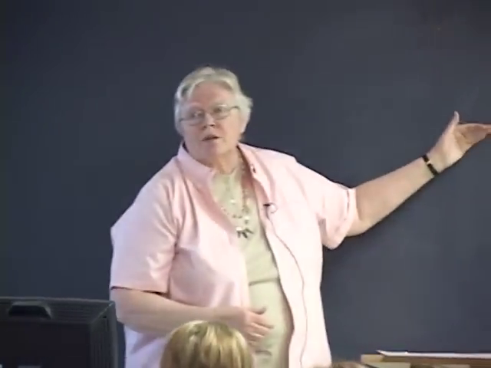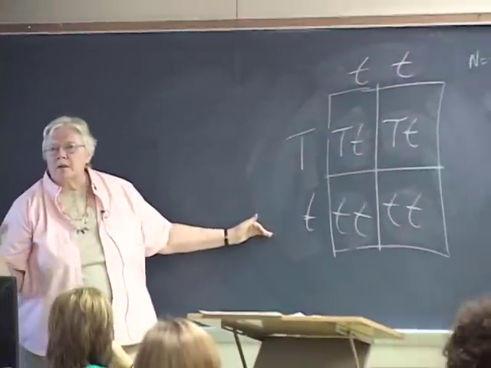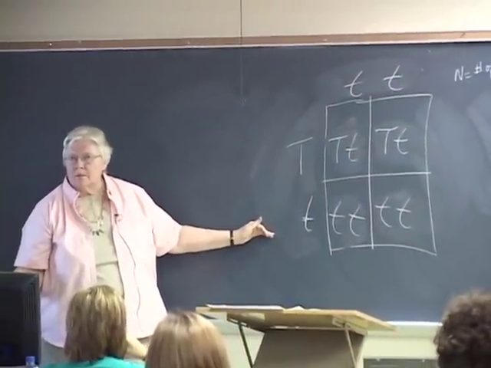You can't just take one person. Because if you just took my family, you'd say, oh, well, the odds must be 2 to 1, or 1 out of 3 will not be able to roll their tongue, where it's really 50-50. Is that making sense to you? Okay. So you can use Punnett squares to tell you what the probabilities are.